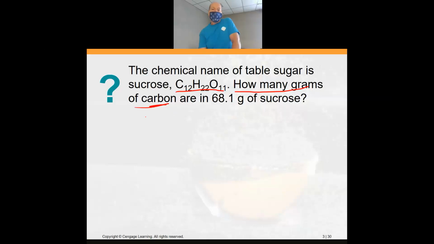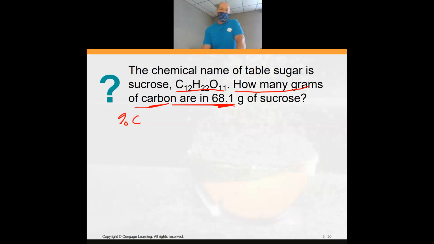If I know my percent carbon, then that's the mass percent of this 68.1 grams that is carbon. So I'm going to get my percent carbon, and then I know that 68.1 times that percent carbon is my mass of carbon. So if I had 50% carbon, then I would have 34.01 grams of carbon.